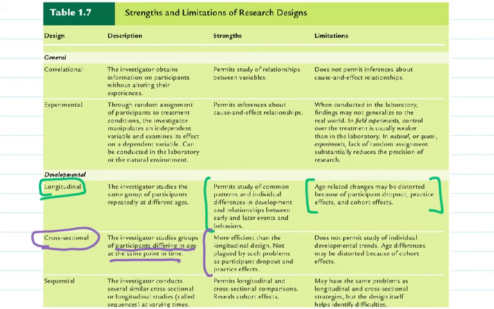It does not, however, permit study of individual developmental trends, obviously, because you're studying 3 different groups of people. So you cannot make any inference about how individuals develop, what the patterns in individual development are. And age differences may be, again, distorted by cohort effects.